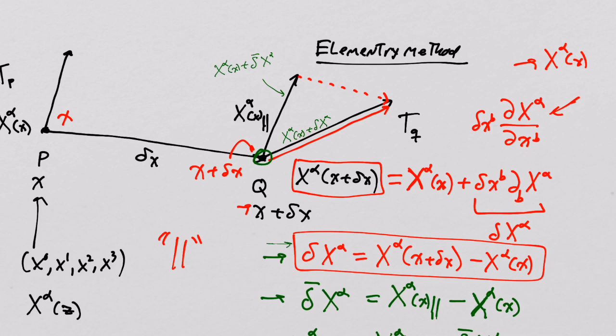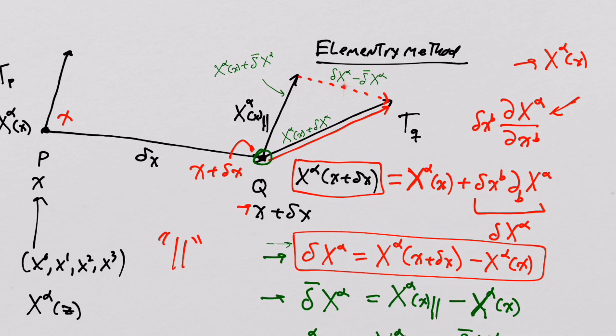We take the vector field x at q, and we subtract from it this mysterious parallel vector, and ultimately we get, for that value, delta x alpha minus delta bar x alpha. That is the difference between the parallel vector and the q vector.